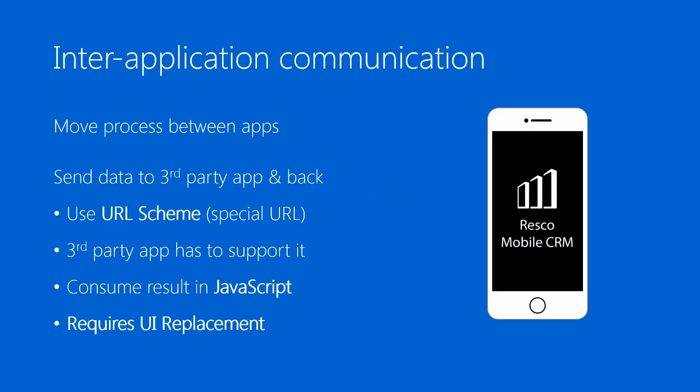The final part of my presentation is about inter-application communication. And where is this useful? What we have seen from your requests was that sometimes there is the need to move the process between applications. So you use Resco Mobile CRM for basically most of your mobile business.